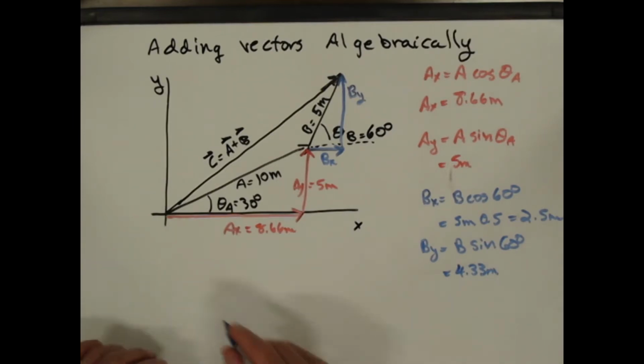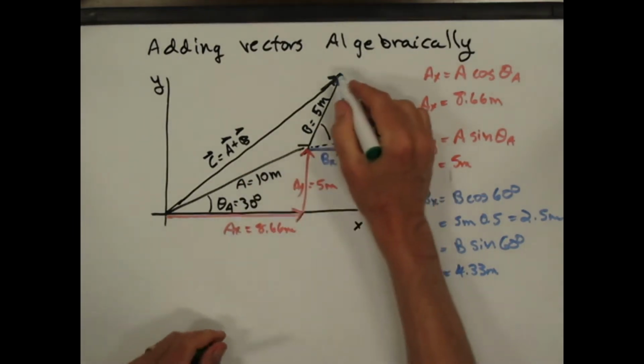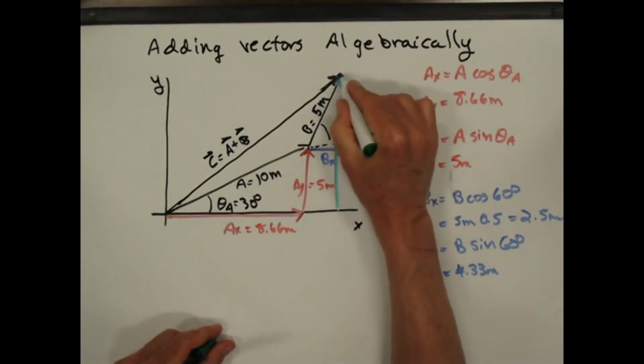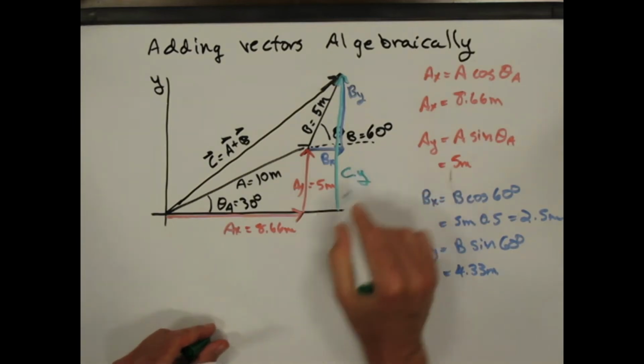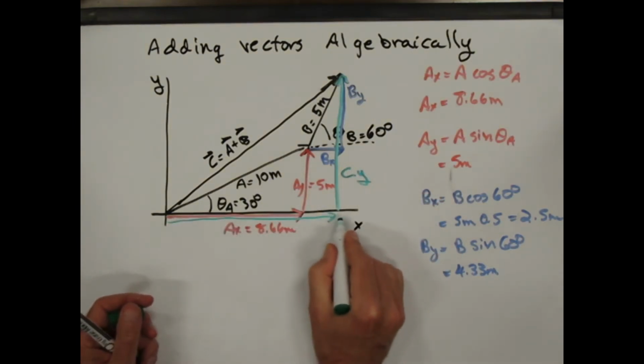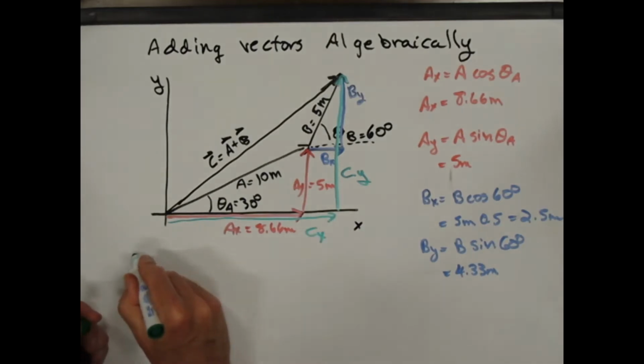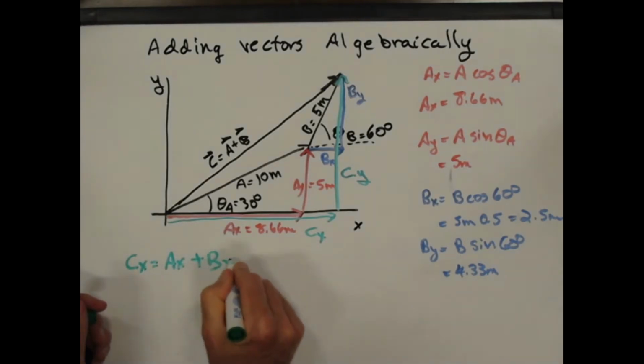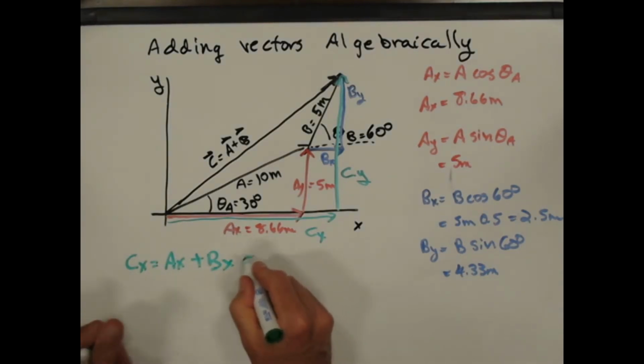Now you can see, if I was going to draw the components of C, here's my vector C. I would draw a line straight down here. I know this is a little messy. So this is C sub y, and this piece here is C sub x. You can see that C sub x is equal to A sub x plus B sub x. What is that?